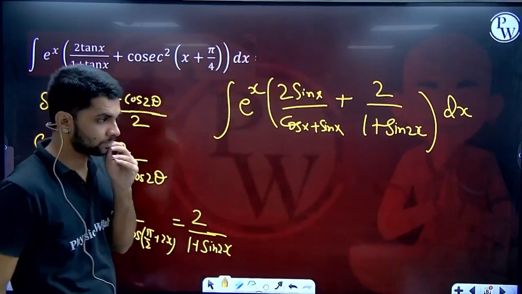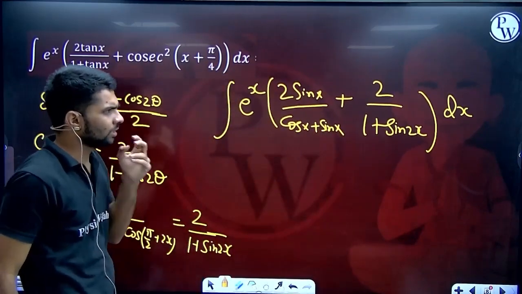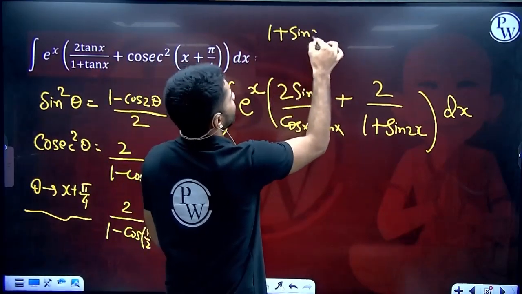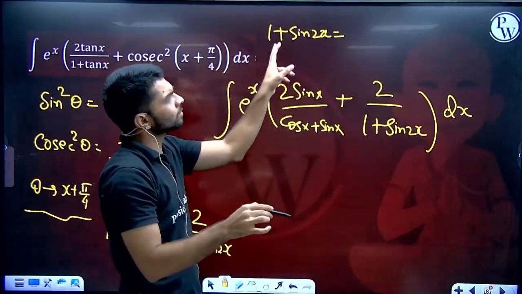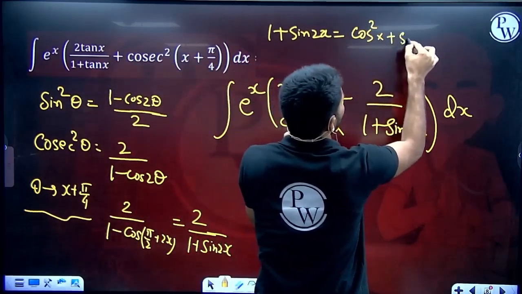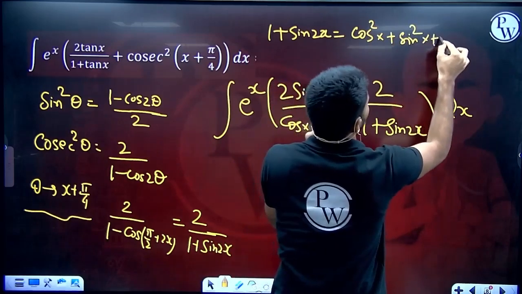Okay. Now one more thing. 1 plus sine 2x can be written as cos square x plus sine square x plus 2 sine x cos x.